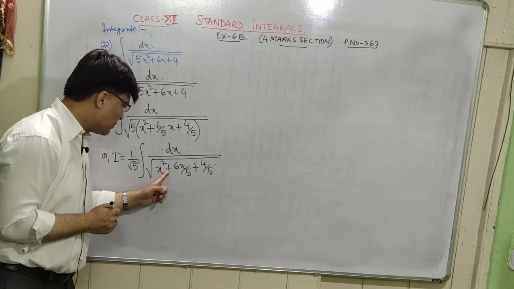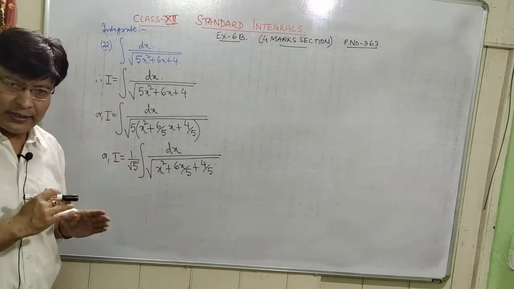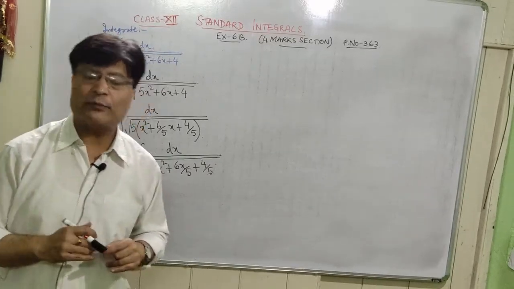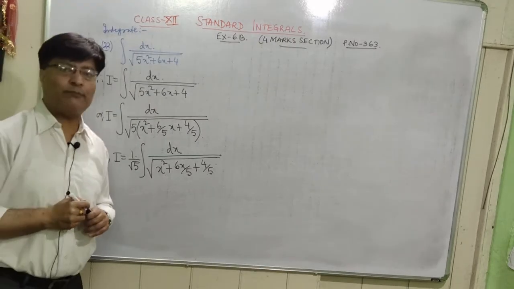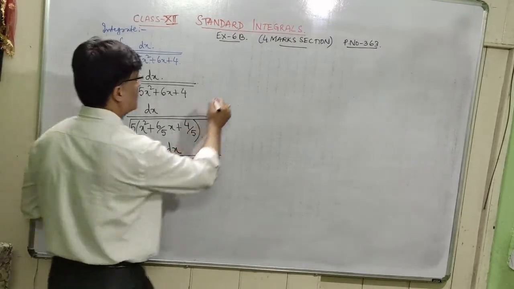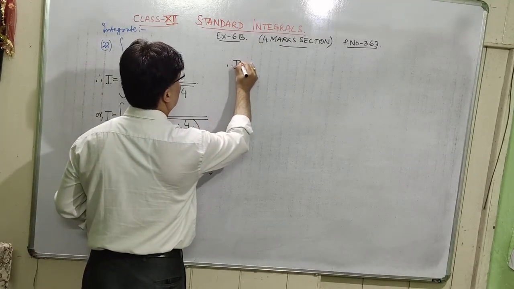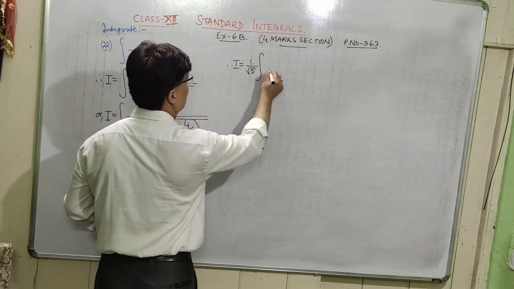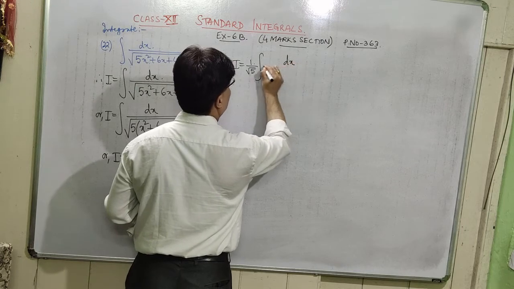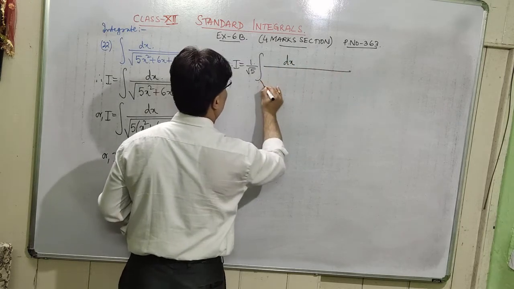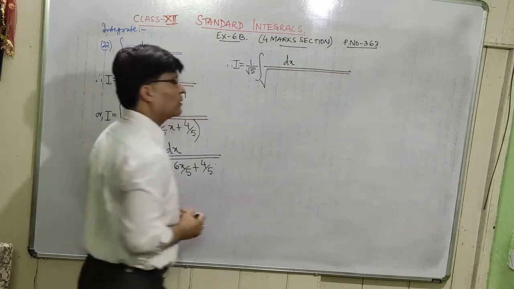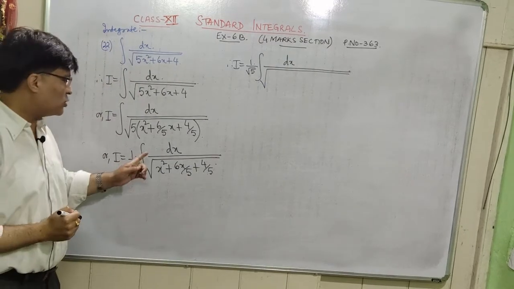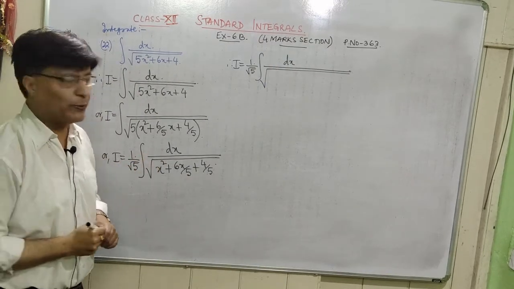Since there is a plus sign here before x, we can convert it into a square plus 2ab plus b square form. Therefore I is equal to 1 by root 5 integration of dx divided by within square root.